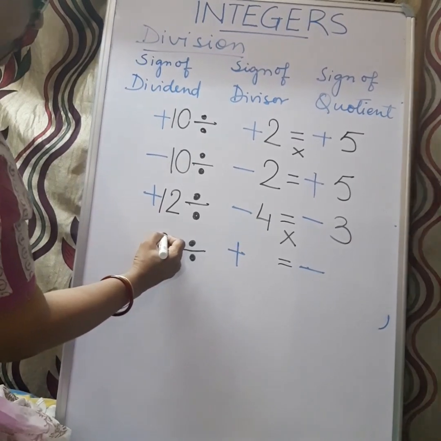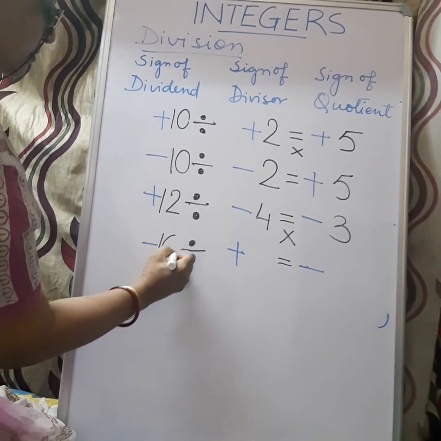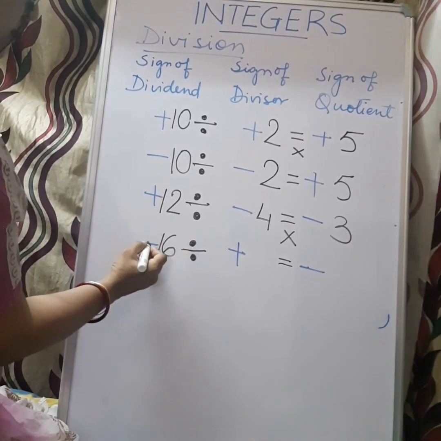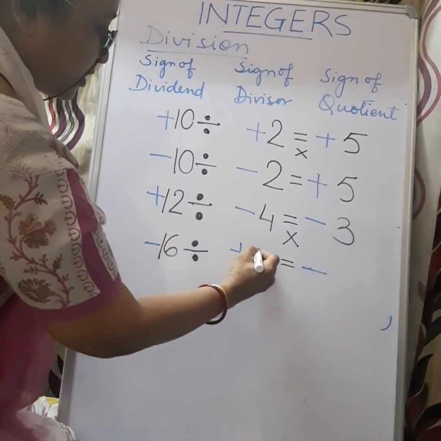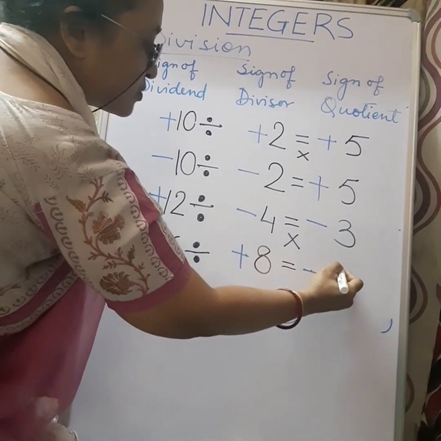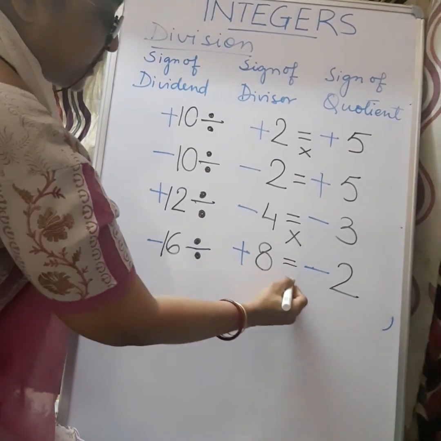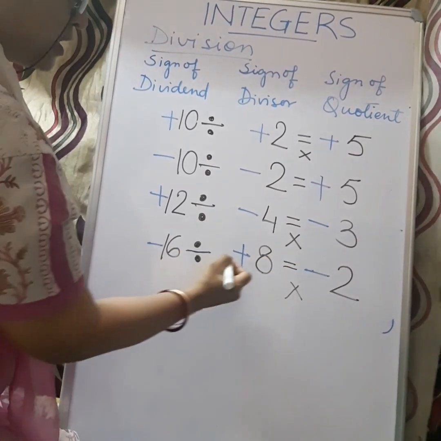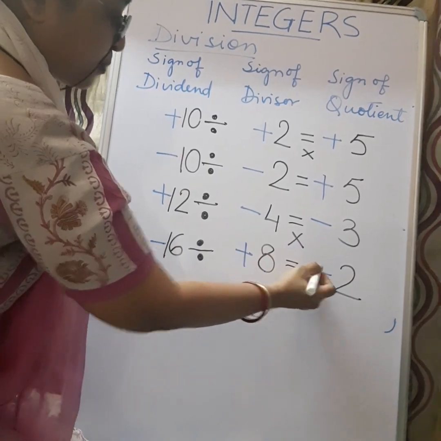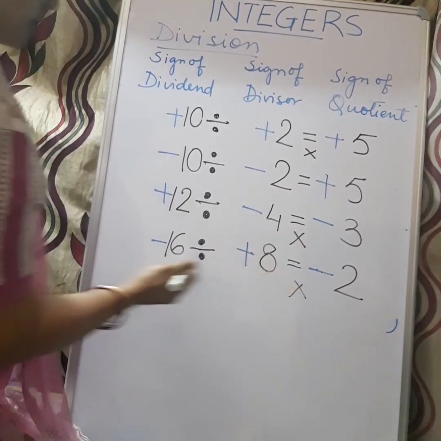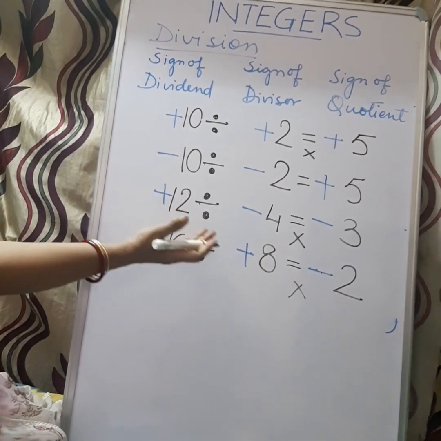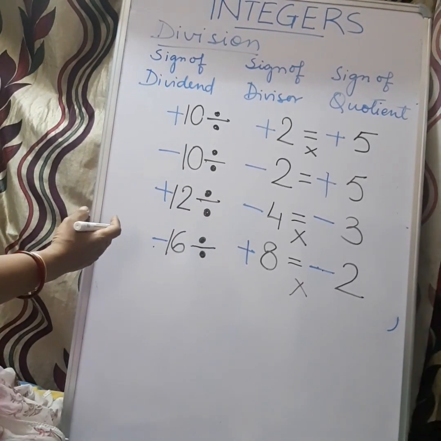Here I take negative 16 divided by positive 8. So we get negative 2. See, 8 2s are 16. Negative and positive is negative. So this is just the opposite of multiplication.